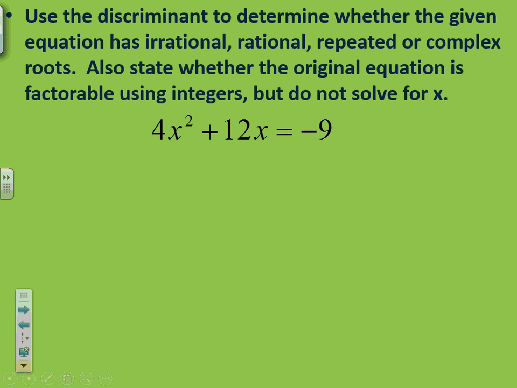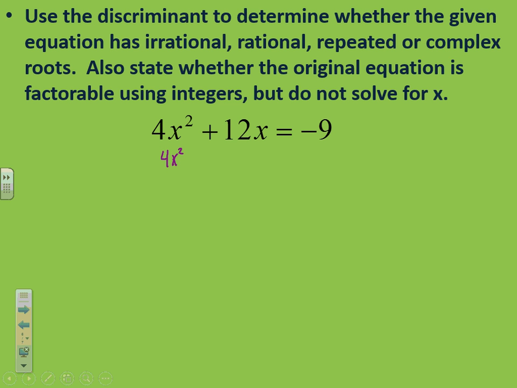Next example here, again, it's not in standard form, so the very first thing we want to do is put it in standard form. So 4x squared, and generally speaking, just in case you see it this way, if the equation is not in standard form, I always like to try and make the largest term, meaning the largest exponent term, a positive number.